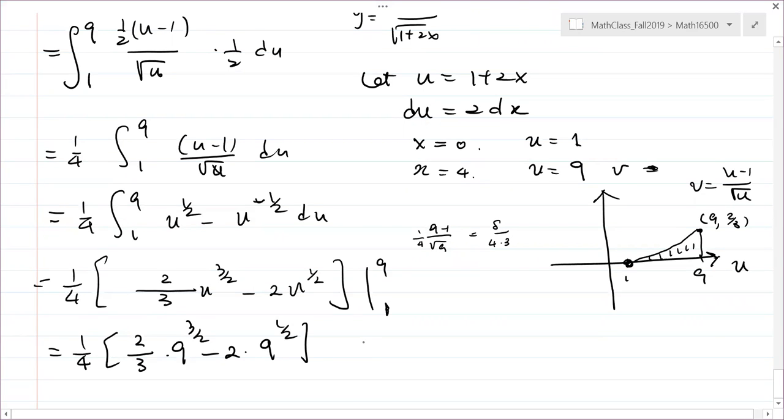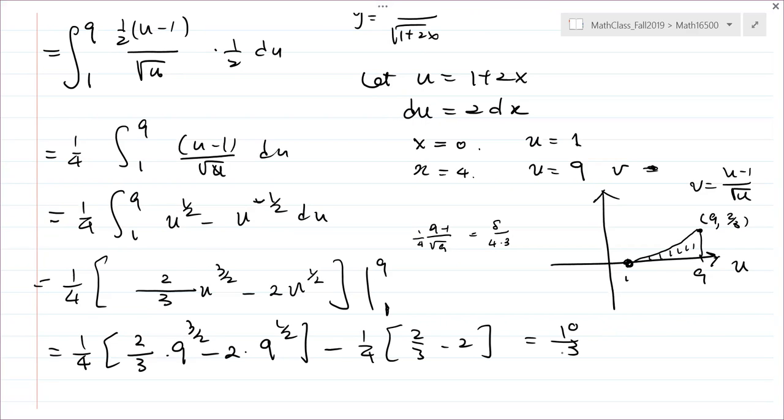That's the first term. The second term is just 1 and 1. Now after simplifying, I eventually get 10/3, if I'm okay.